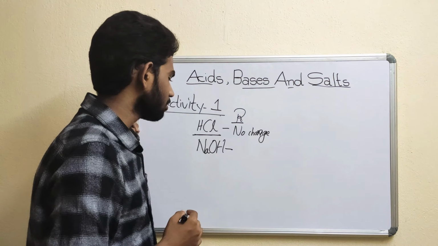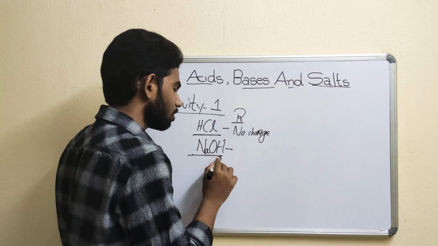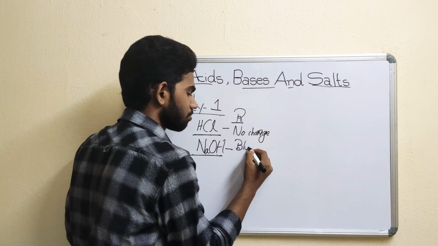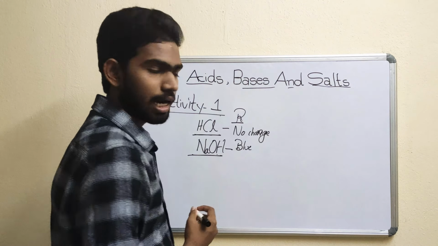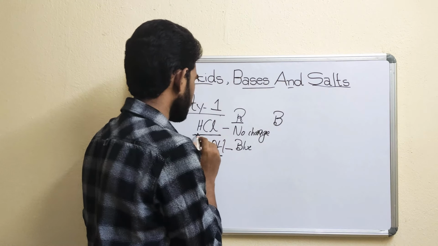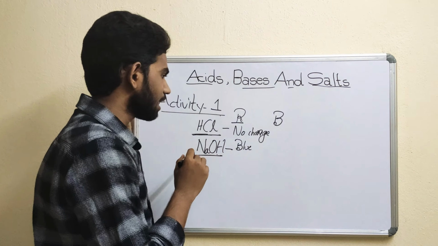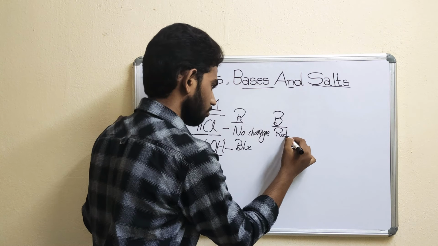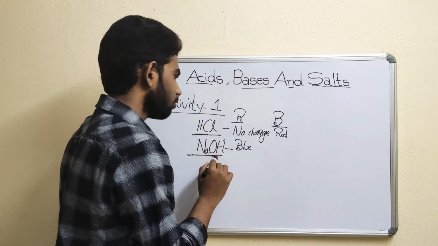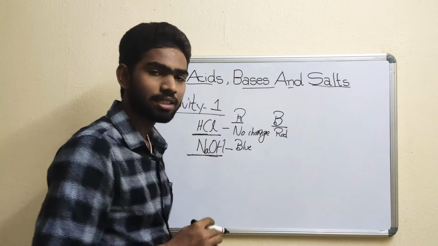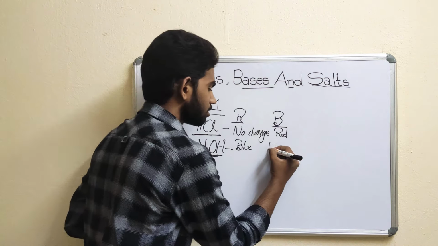When red litmus paper is dipped into NaOH solution, it turns blue. When we dip blue litmus paper into HCl, as it is an acid, blue turns to red. When we dip blue litmus paper in NaOH solution, as it is a base, it remains the same, that is, no change.